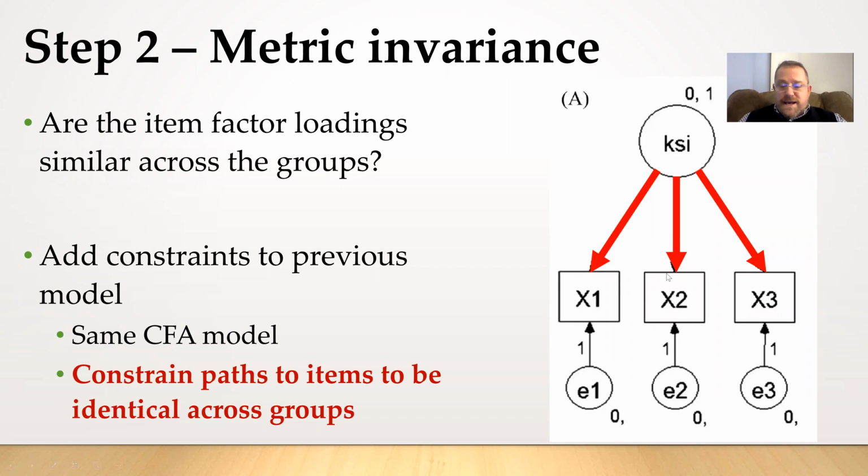Step 2, we then constrain the path coefficients to be identical across groups. We want each item to load on each factor to the same degree. So we use that same multi-group CFA model from the previous slide, but now we are constraining these paths to be identical for each of our factors.